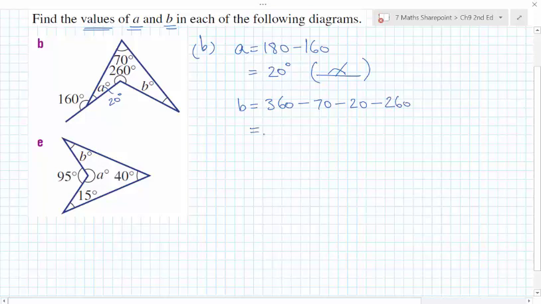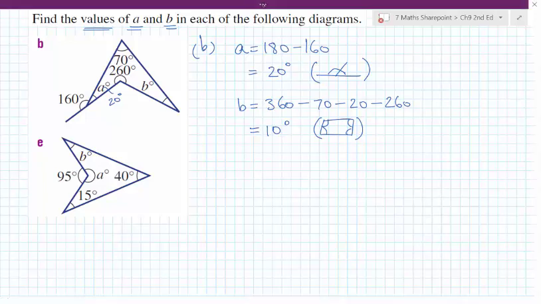Okay, and so when I work that out, I end up with that angle B must be 10 degrees. Okay, and I've used the rule here that all my angles inside a quadrilateral sum to 360 degrees.